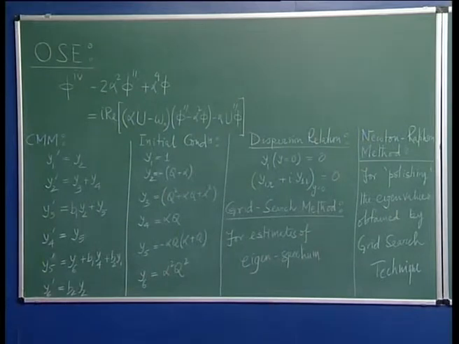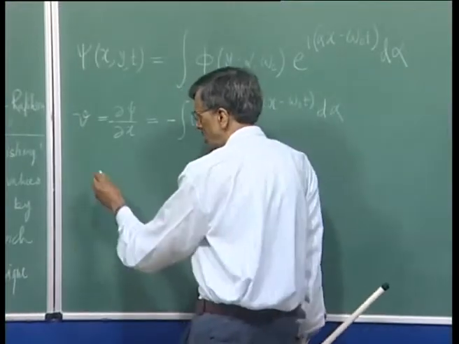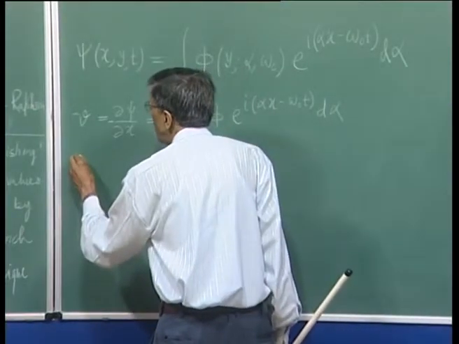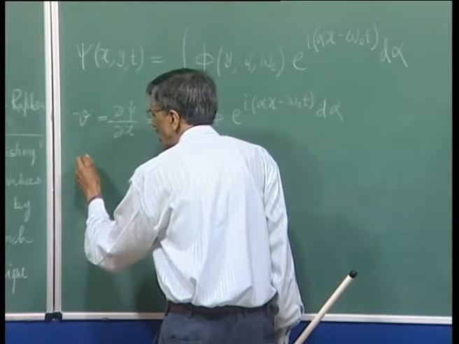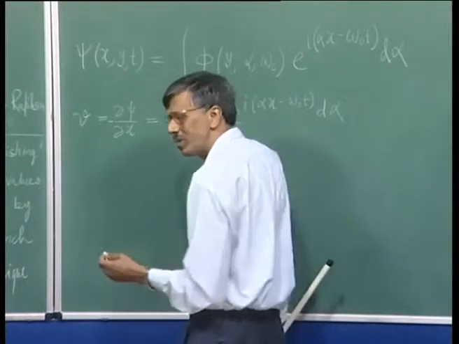You know how to do Newton-Raphson search. How do you do it? Well, let us spend a little time talking about Newton-Raphson search. First of all, we note that we are in search of eigenvalues which correspond to the spatial instability problem.